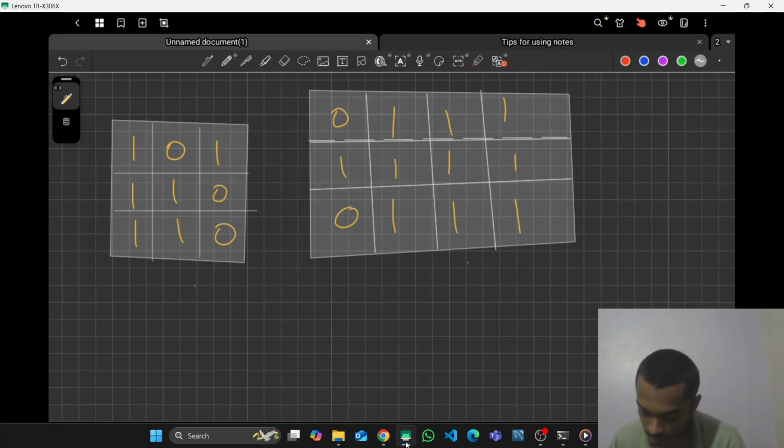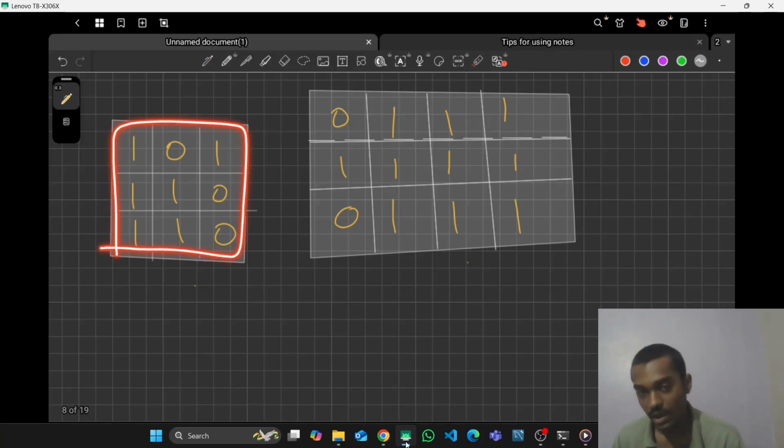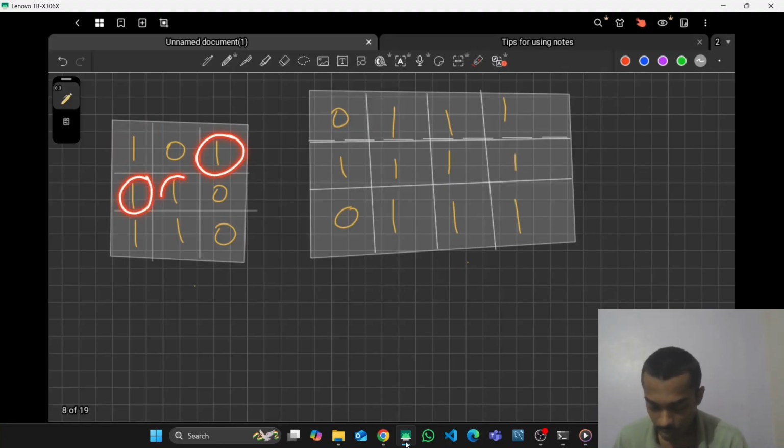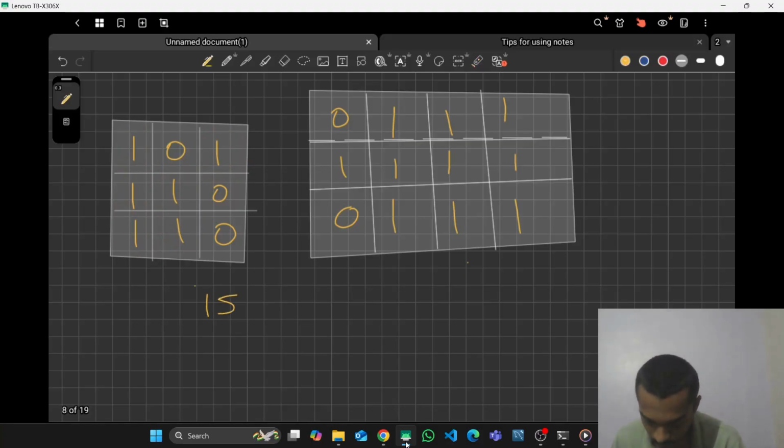So the question says you have a matrix filled with only ones and zeros. You have to return the submatrices that are square and have only ones. For side one, this is one square submatrix, this is one also, this is one also, and this is also a side-one square submatrix. So for side one we have 6 submatrices. For side two, how many are there?